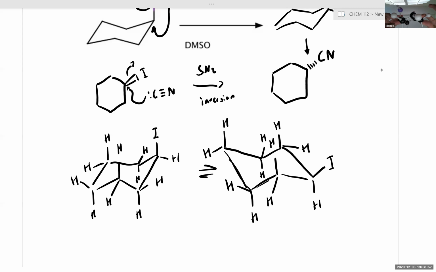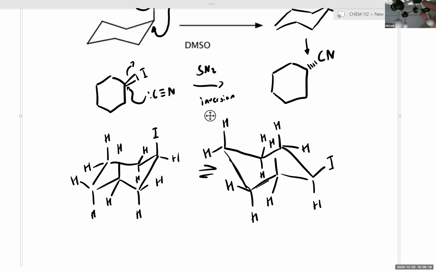Okay, can everyone see the structure? Can everyone see the camera? Okay, so now taking a look at this structure, does everyone see our iodine pointing up?